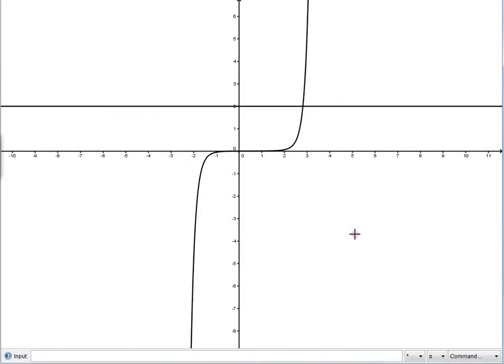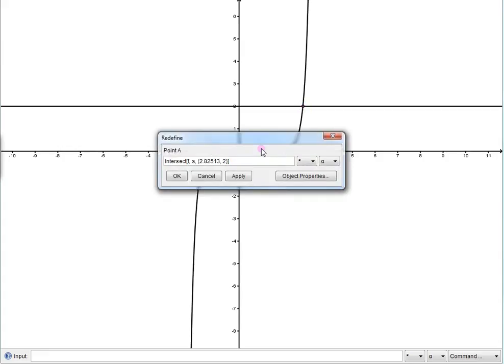So again, let me make this a little clearer for you guys. What am I looking for? I'm looking for the point where these two intersect. So in fact, this point here, and if I double click on it, we find that this is at x equals 2.83 and y equals 2.